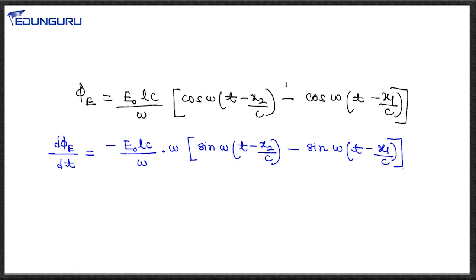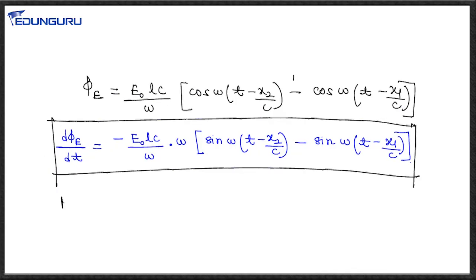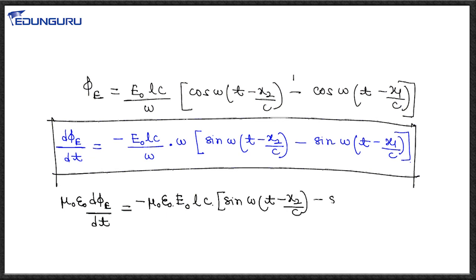This is d phi E by dt. When we multiply mu naught epsilon naught to it, this term becomes minus mu naught epsilon naught into E naught L C, sine of omega times (T minus x2 by C) minus sine of omega times (T minus x1 by C).